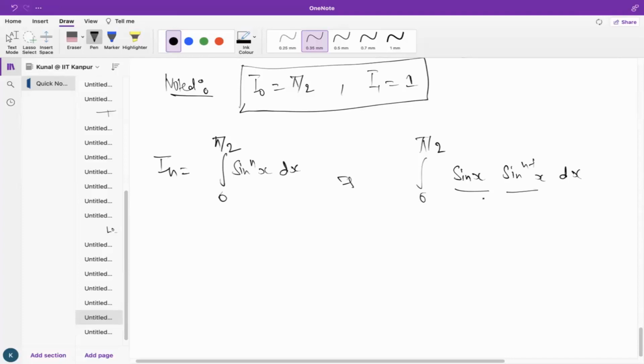So you can take any function as u and any function as v. But you have to take as u the function whose integration we do not know. Like sin to the power n minus 1, we don't have the exact integration, but we know the exact integration of sin x. So substitute u as sin to the power n minus 1 x and v as sin x.